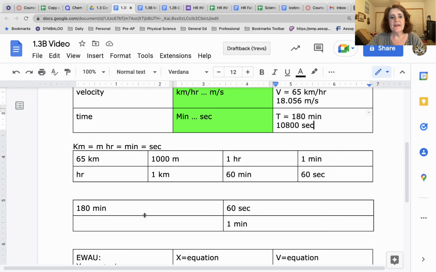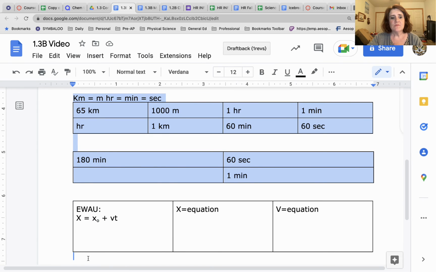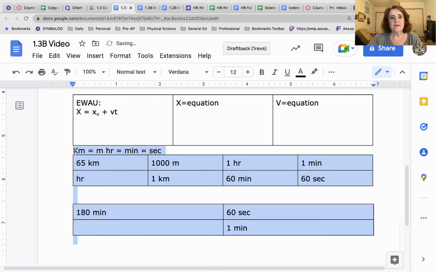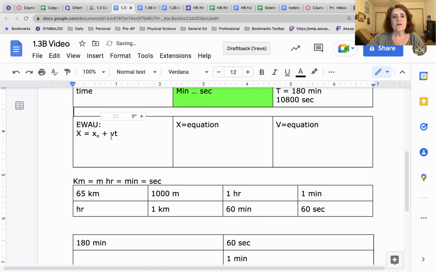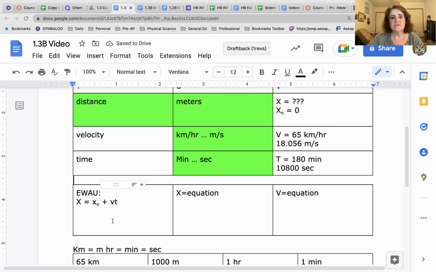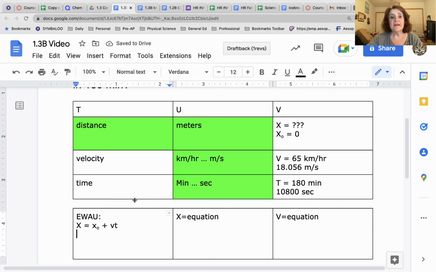Okay, so once I have those values, I am going to pick these up and move these way down here to the bottom so that we can actually see our equation and our x equals equation. So x is equal to x naught plus vt, right? So since I'm trying to find x anyway, I don't have to use a rewrite of kinematic 1. I can just use kinematic 1.